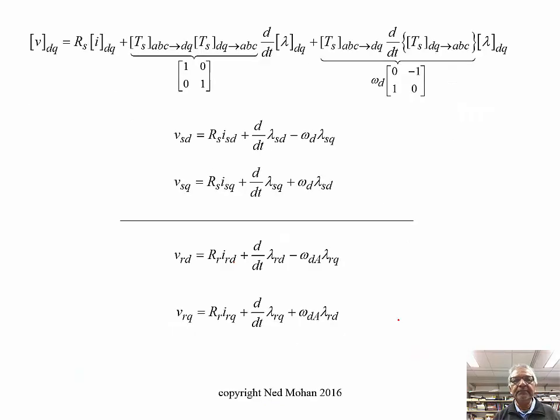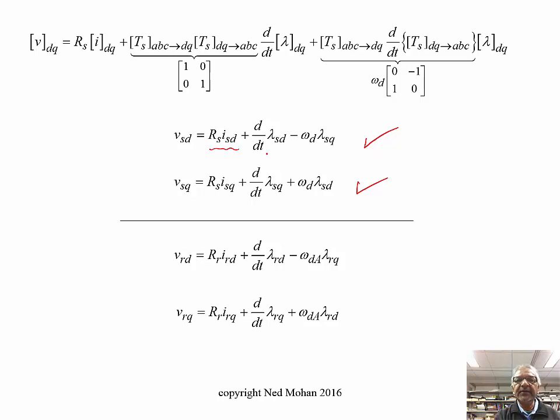So I have written it down again, what we saw early on. If you take the real part and the imaginary part, we get two equations. One of them is this, and the other one is this. So let's just look at the form of this equation. VSD, the voltage in the stator D winding, of course, has this voltage drop due to ISD across its resistance.